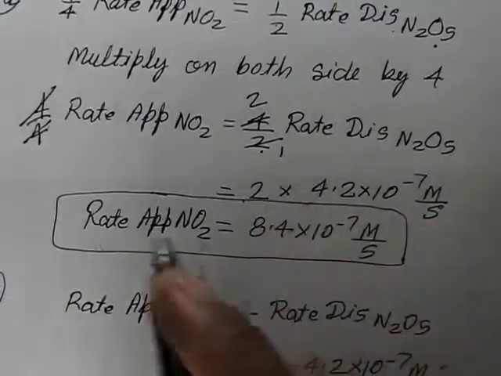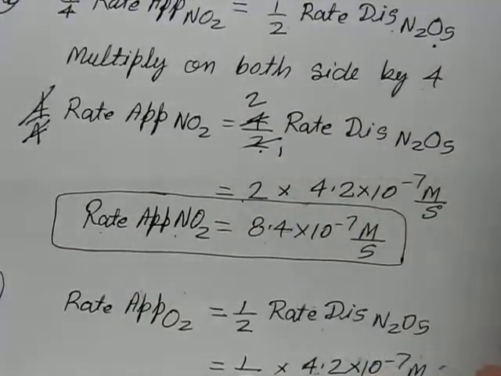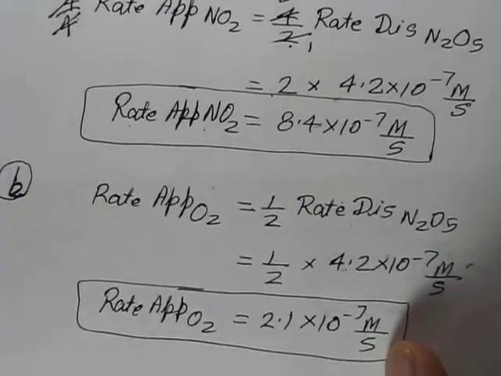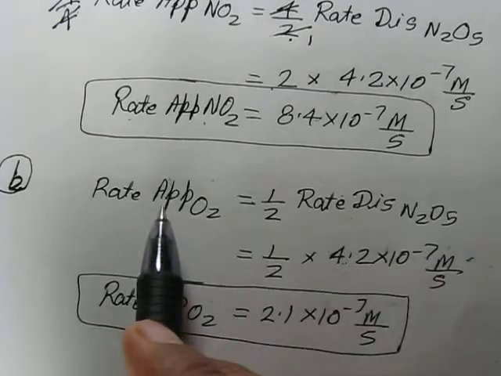So then you can calculate that the rate of appearance of NO2 will be equal to 8.4 times 10 to the minus 7 molarity per second.